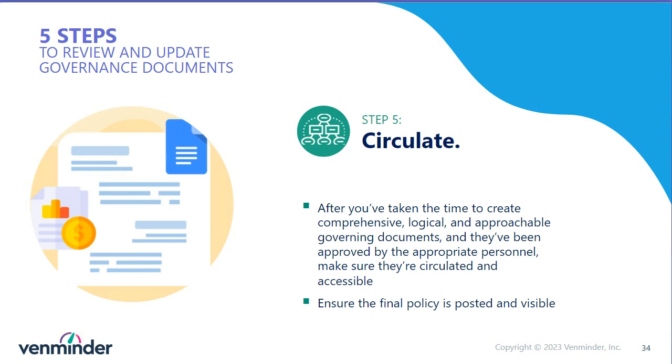So I mentioned earlier that one of the most important things when it comes to your policies or any of your governance documents really is to make sure that people have access to them. It doesn't make sense to put all that work into something that's never seen or utilized. And that means that people are not only aware that there is a policy, but it's easy to get to.